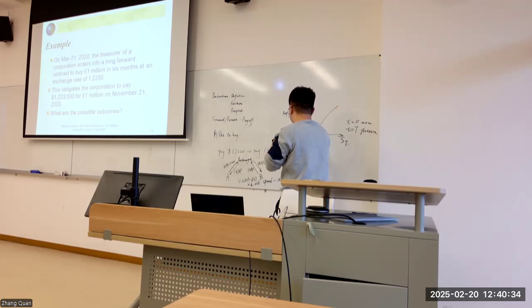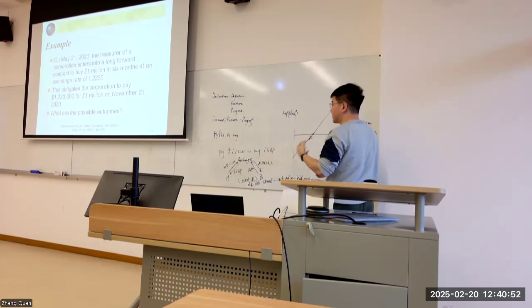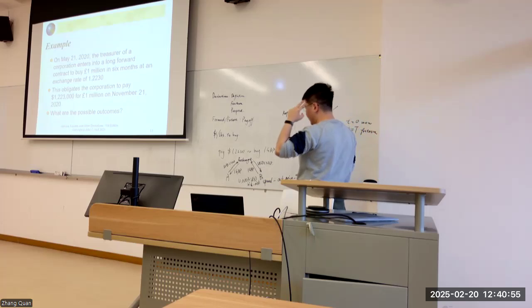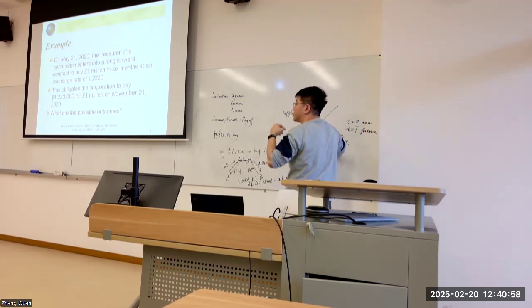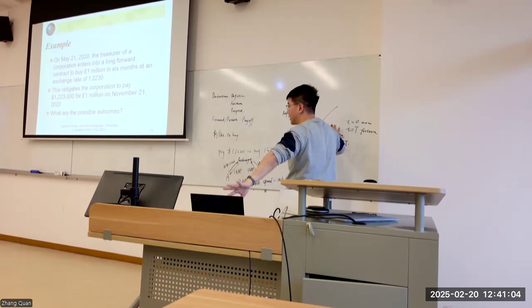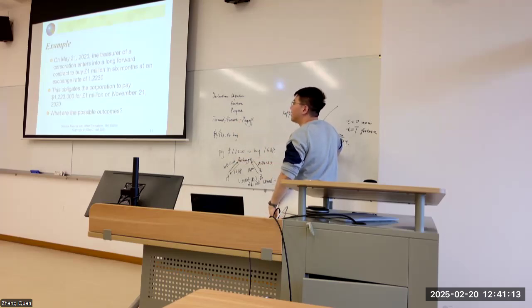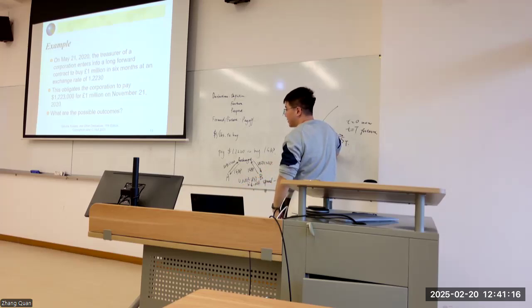The opposite is also true. If the spot price at the future time point gets lower than your delivery price, holding this contract is actually burdensome. You will be better off if you don't have it, so conceptually you lose. I say conceptually because sometimes you don't realize it. If you are really the orange juice producer, you fix the price and use it to produce your orange juice product, so whether it is a full gain or full loss depends on how much orange juice you will sell.